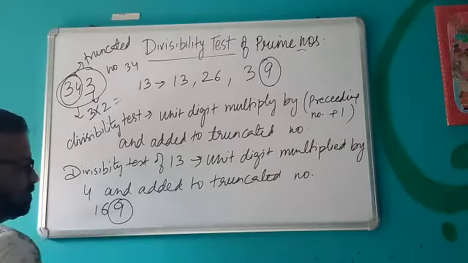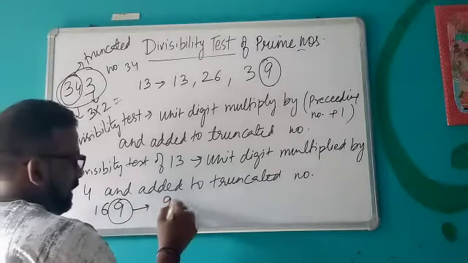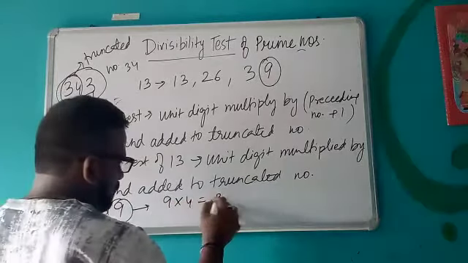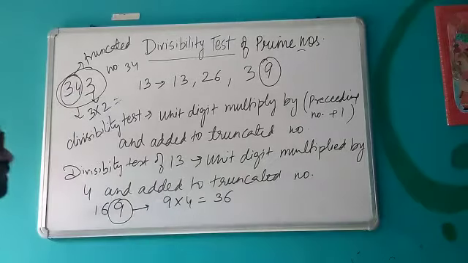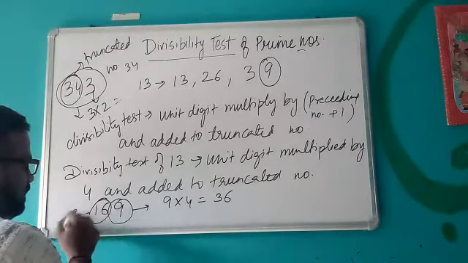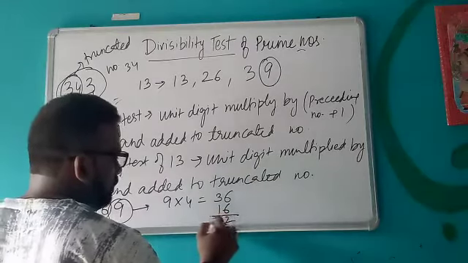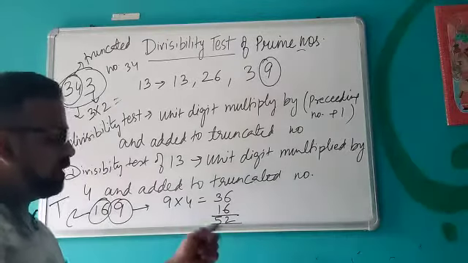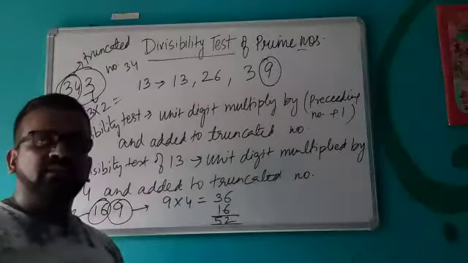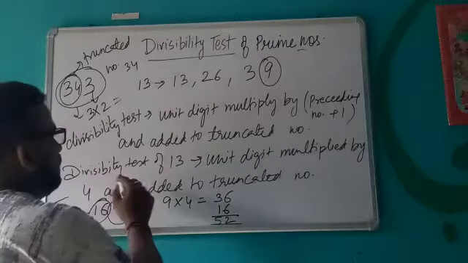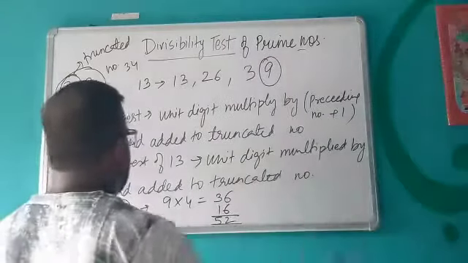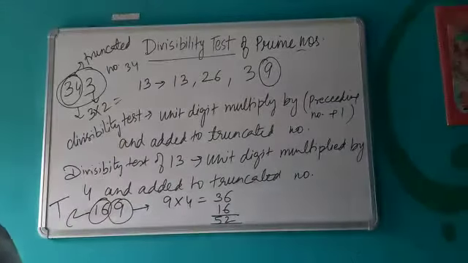This is 9, so 9 into 4 gives 36. The remaining truncated number is 16. We add 16 to it and it gives 52. And we already know that 52 is divisible by 13. So this is the divisibility test of 13: unit digit multiplied by 4 and added to the truncated number.